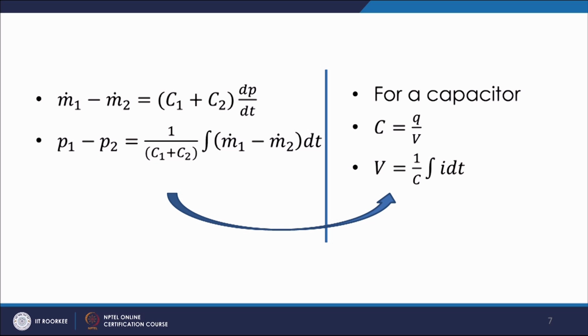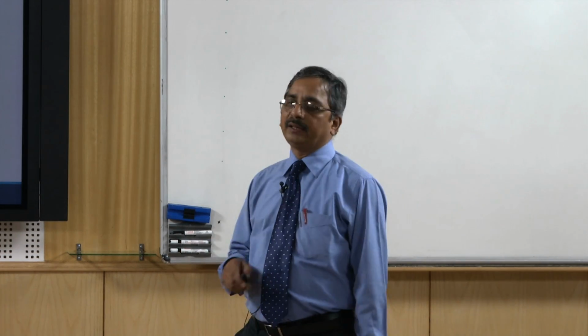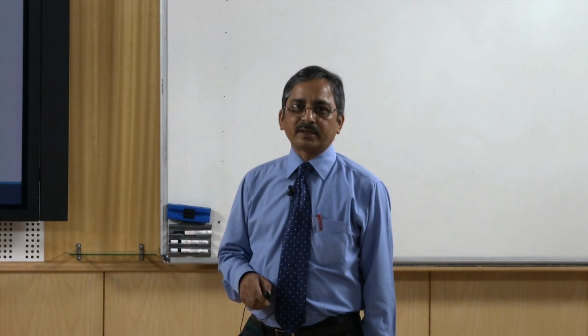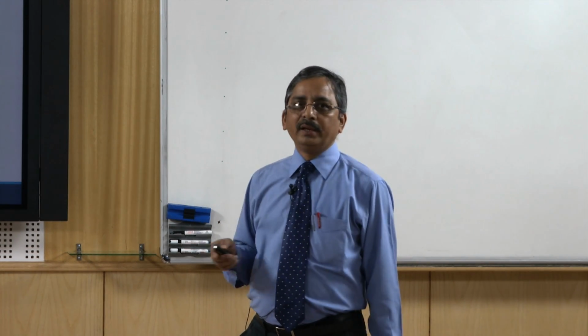So, for a pneumatic system, C1 plus C2 gives the pneumatic capacitance. These things I have already explained: the pressure drop is equivalent to the voltage in an electrical system, and the mass flow rate corresponds to the current. So, this is about the pneumatic capacitance.